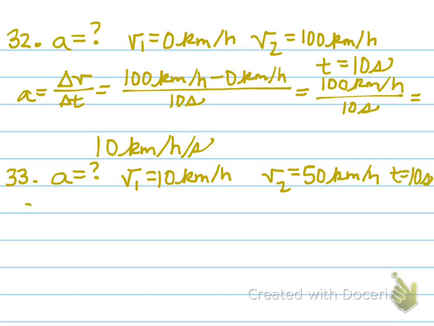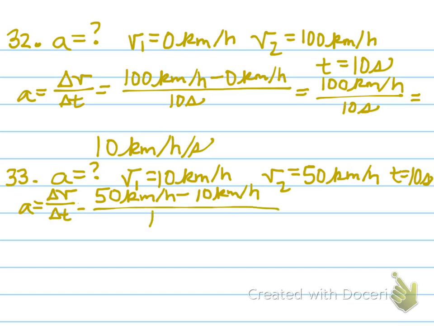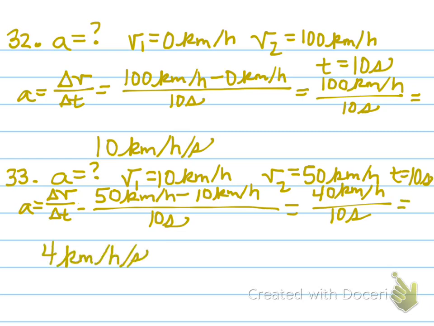So again, our acceleration is our change in velocity over our change in time. So we are ending at 50 kilometers per hour. We started at 10 kilometers per hour, and we did that change in 10 seconds. 50 minus 10 is 40. Divided by 10 seconds gives us 4 kilometers per hour per second.